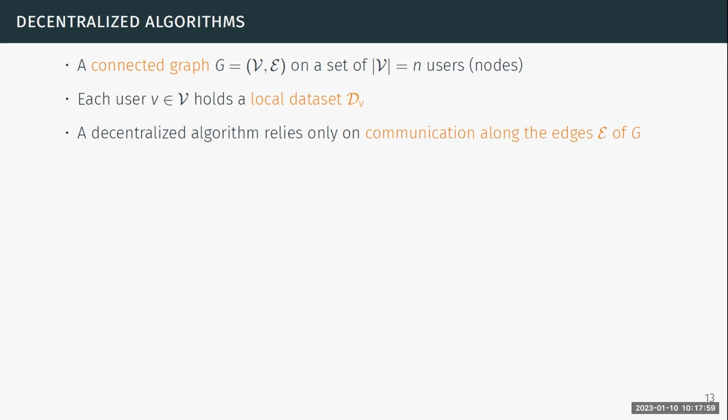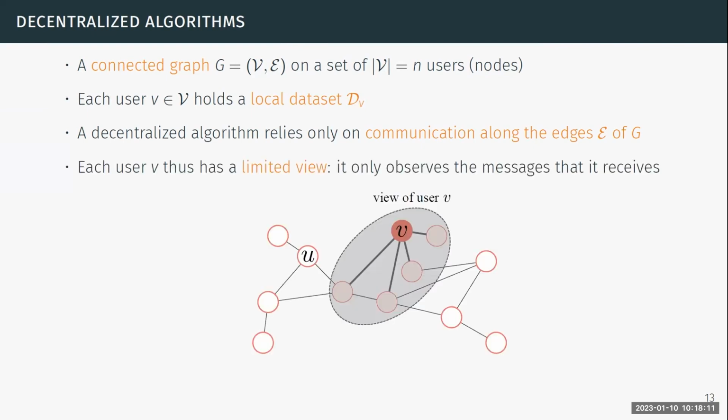A decentralized algorithm will rely only on communication along the edges of that graph. I'm keeping things abstract here for now about what the particular decentralized algorithm can be, but this is the setup. And the consequence of this is that each user v only has a limited view and observes only the messages it receives.